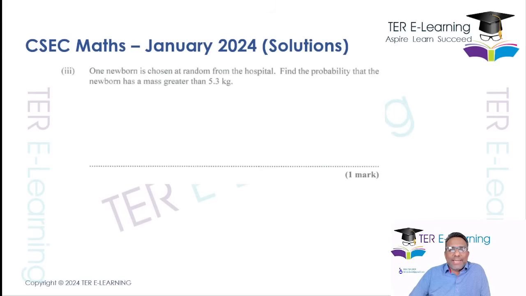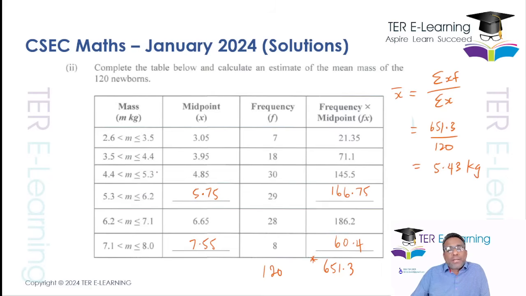One newborn is selected at random from the hospital. Find the probability that the newborn has a mass greater than 5.3. So we go to the table. Greater than 5.3 is going to fall in this region here. All you need to do is add up these frequencies: 29 plus 28 plus 8.